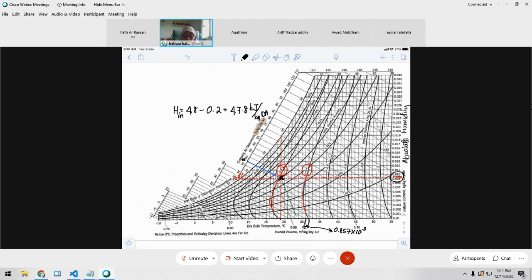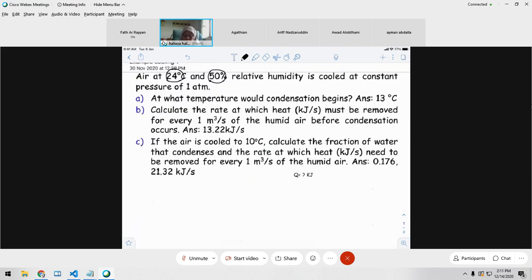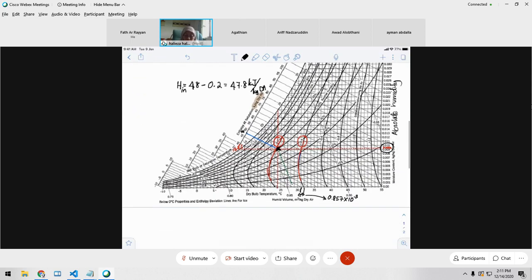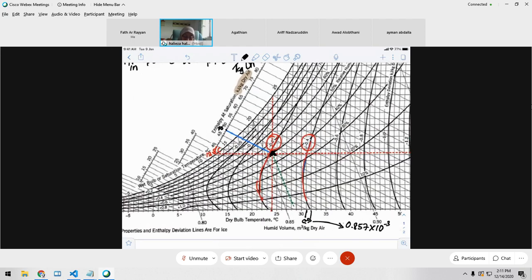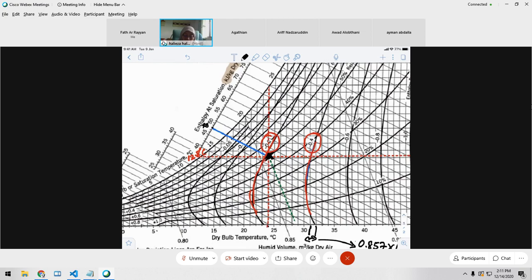Now the question is, we have done the first part. For part A, what is the temperature when condensation begins? Condensation only begins when it hits the 100% curve.